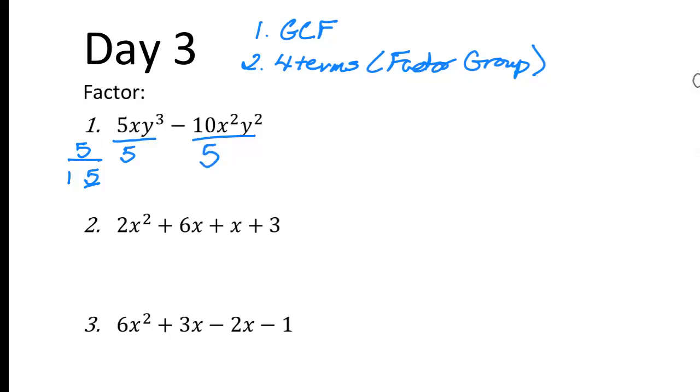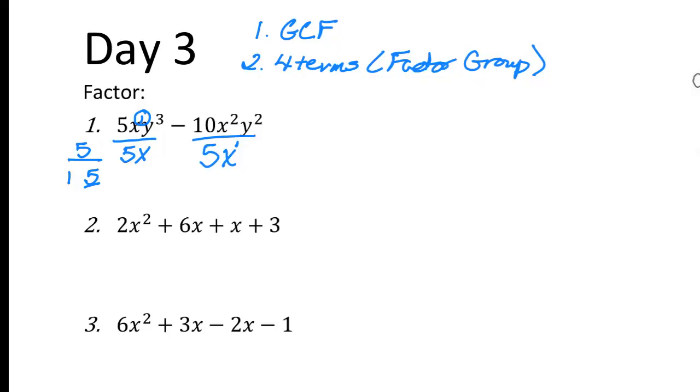And then as I look at the variables, I see an x and an x squared. I want to take as many x's as I can that are common to both. This one only has 1 and this one has 2, so I can only take 1 from both terms. So that's an x to the first.